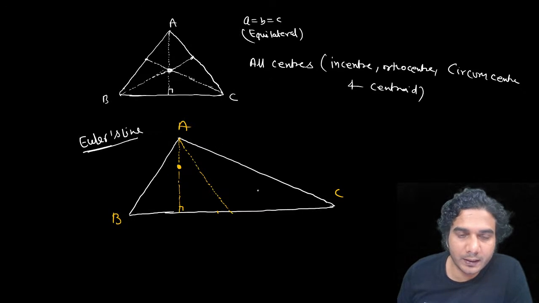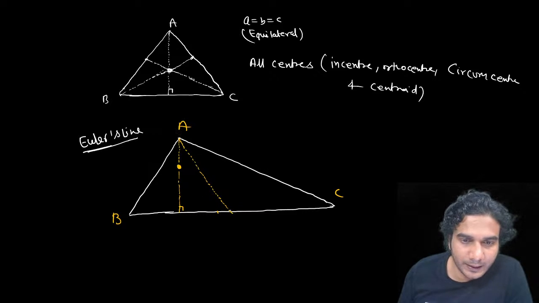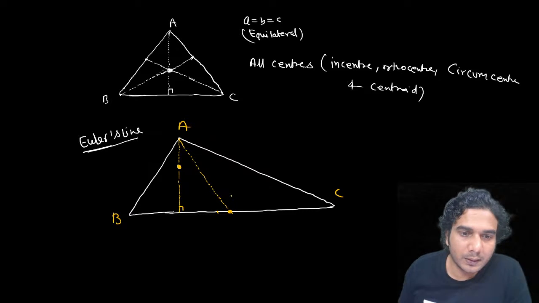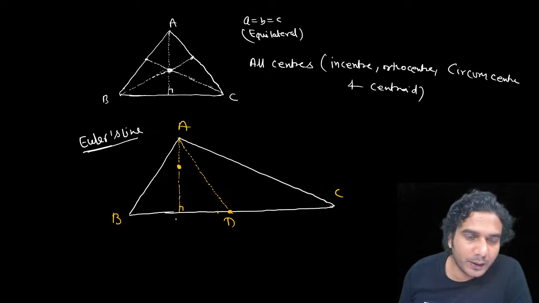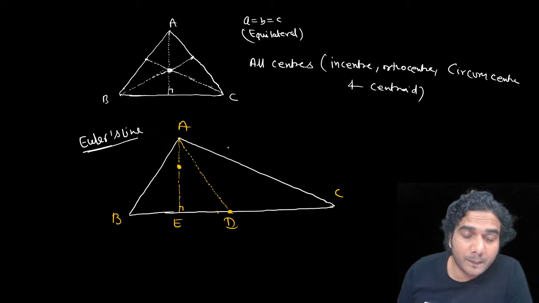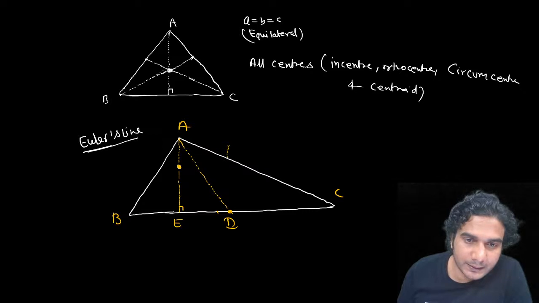If you make the triangle like this, then you can easily see this altitude is like this and the median is like this, because the midpoint will be towards the right side of the altitude. So D is the midpoint, say E is the foot of the altitude, and the perpendicular bisector passes through the midpoint. This is the perpendicular bisector of BC.